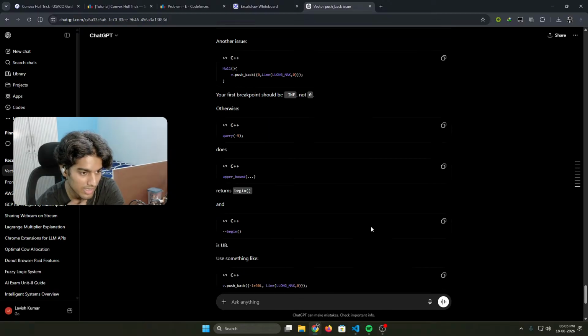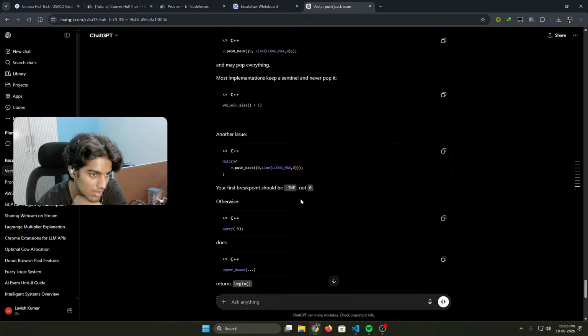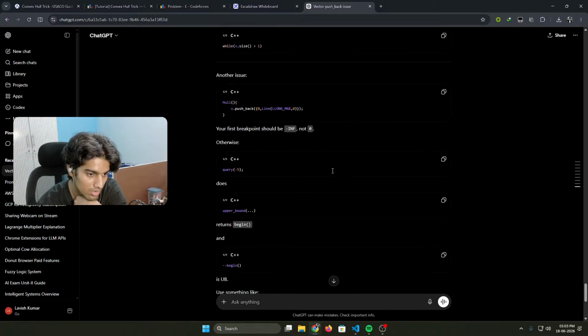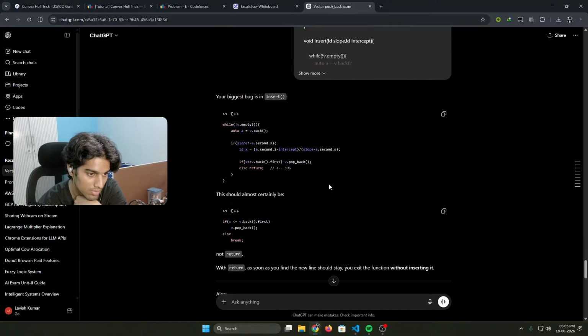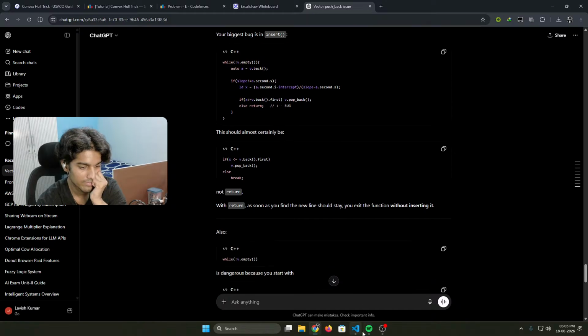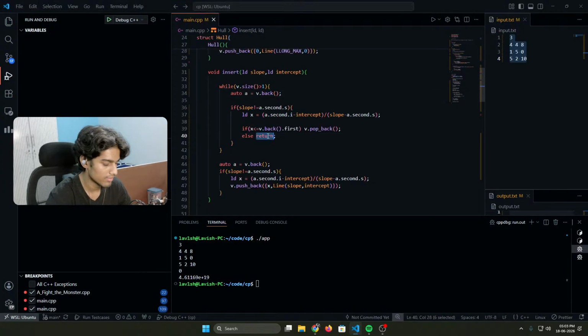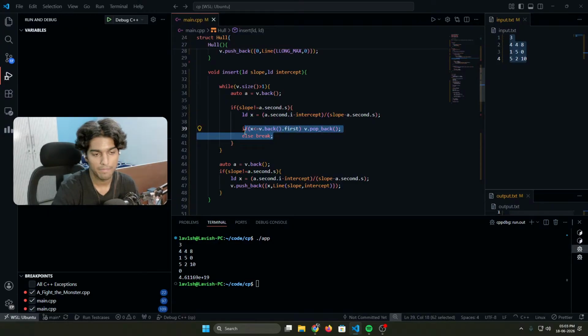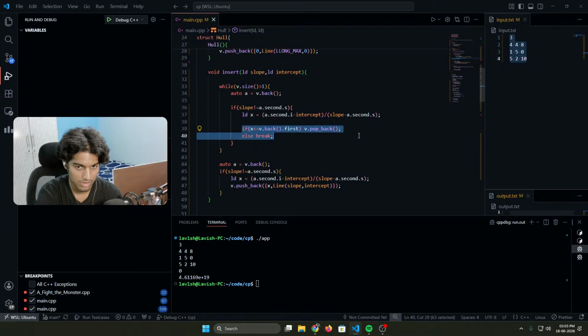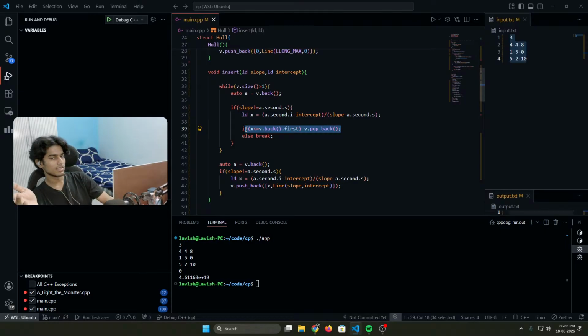Equal slopes aren't handled. How do I handle equal slopes? Let's fix it one by one. But what do you mean by break? What is the case when I don't have to add this line?